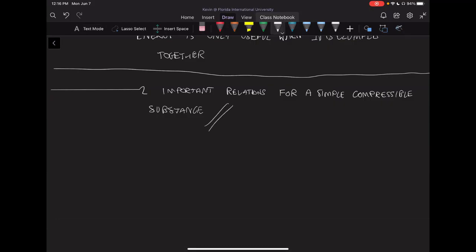So I'm going to write down the equations and then we're going to derive them to sort of understand where they're coming from. So the equations that are useful are that TdS is equal to dU plus P dV. And our second equation is TdS is equal to dH minus V dP.